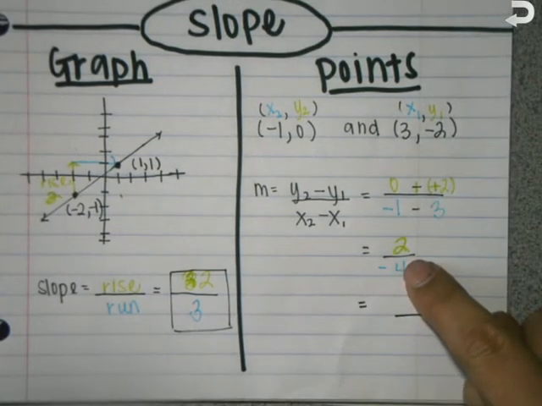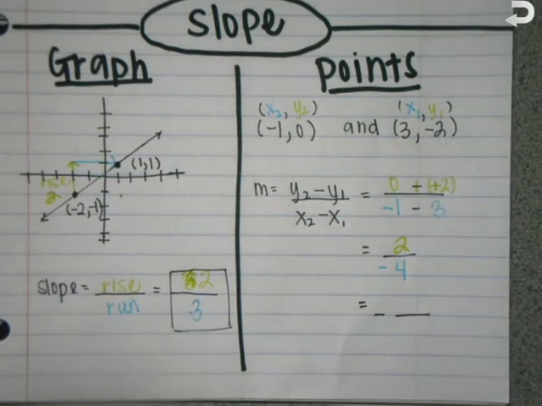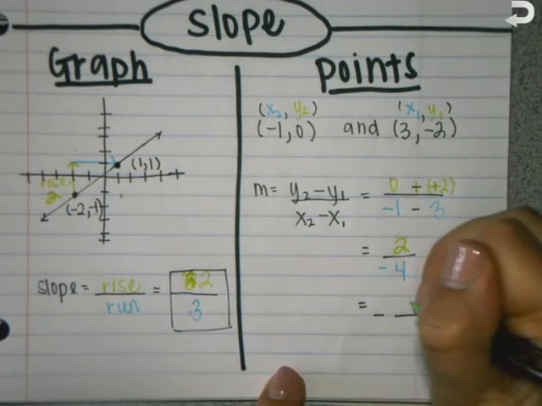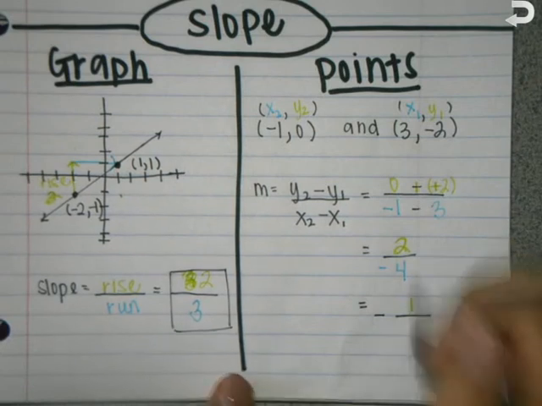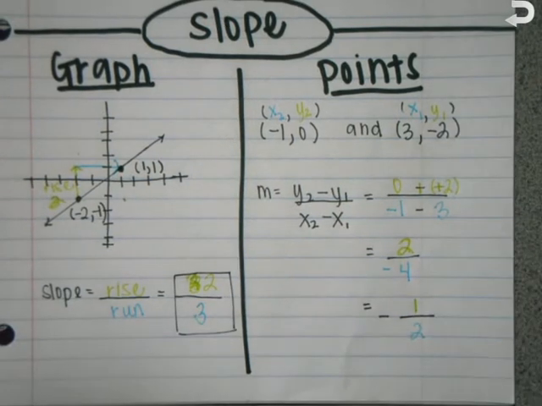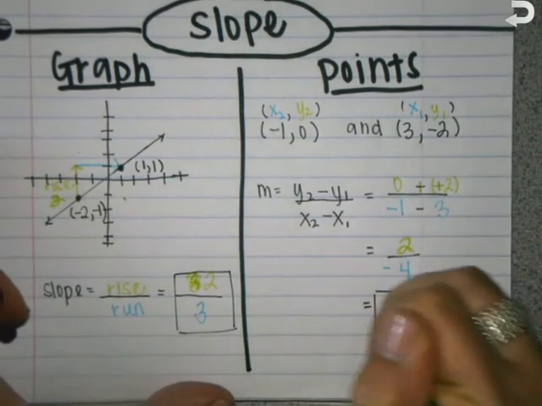A positive divided by a negative gives me a negative. So I can put the negative on the outside of the fraction, because that just means the whole thing is negative. And 2 over 4 reduces to 1/2. So -1/2. And that's the slope formula.